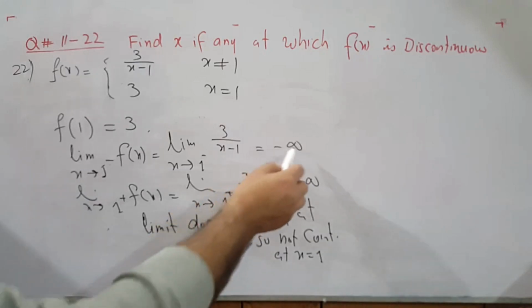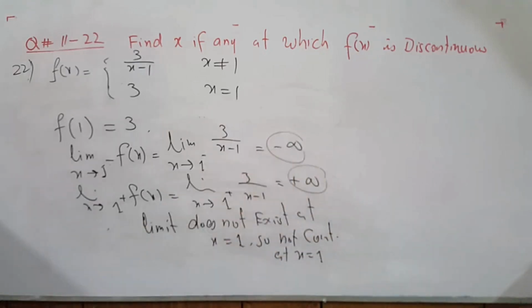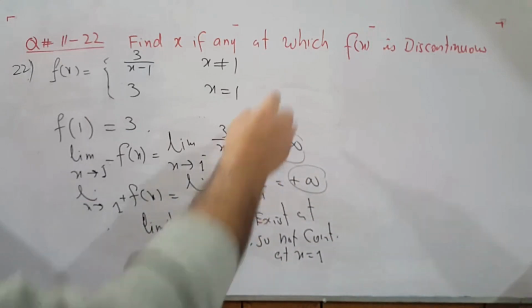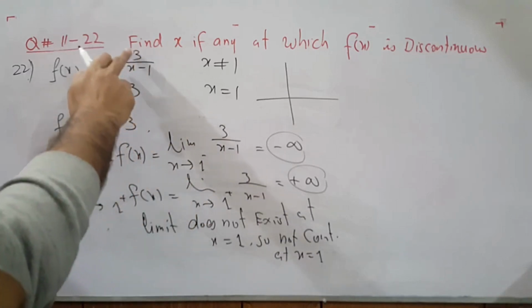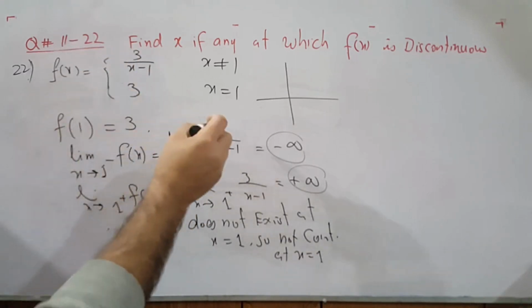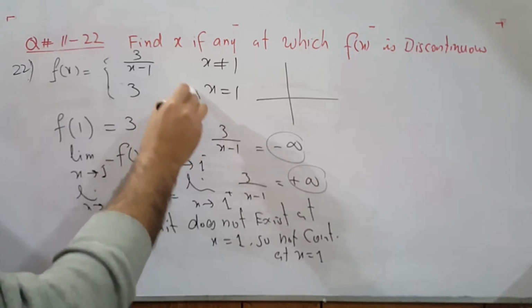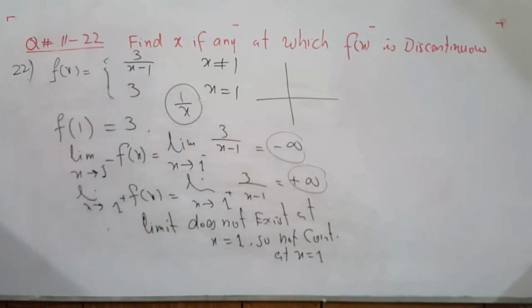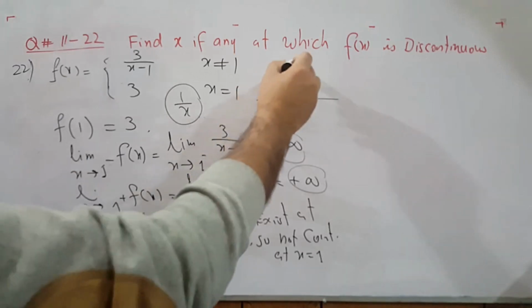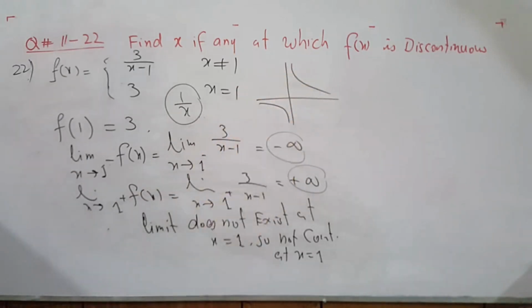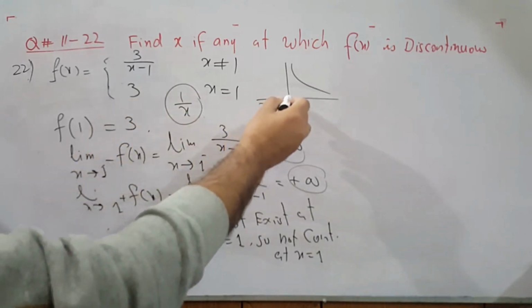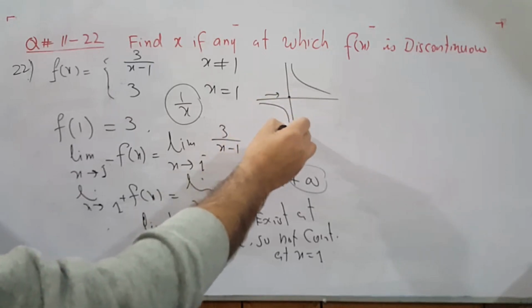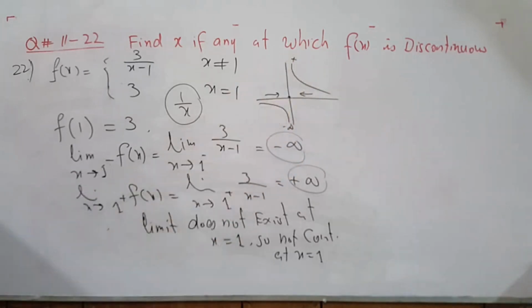Now, one thing: how did we get this to be positive or negative? You can look at this from the graph of the function. So this is 3 over x minus 1. If I have the graph of this one, then we can see that the graph is of this type, right? If you approach 0, from this side it's negative infinity, and from the positive side it's positive infinity.